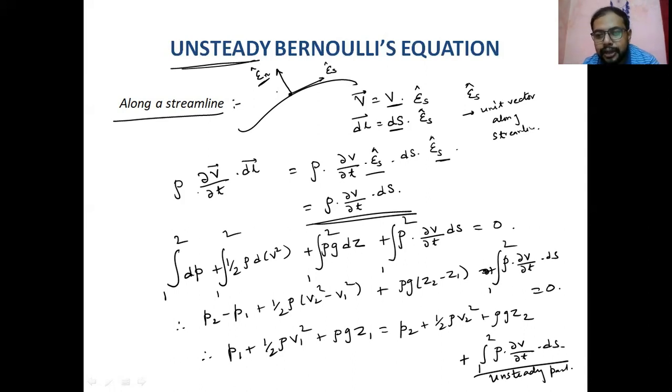What is the advantage of taking the streamline coordinate? The streamline is an imaginary line such that if you draw a tangent from any point, it gives you the velocity. That means the velocity exists only along ds, and along En there is no velocity.